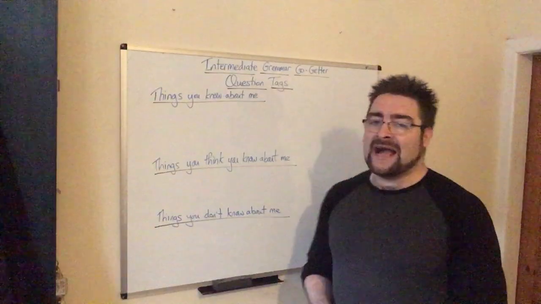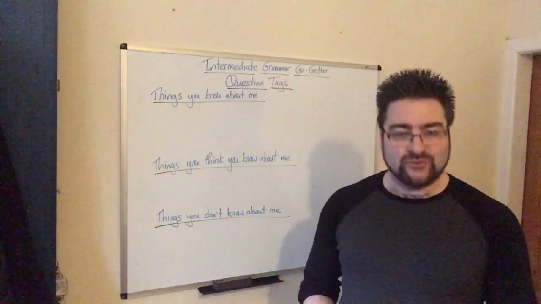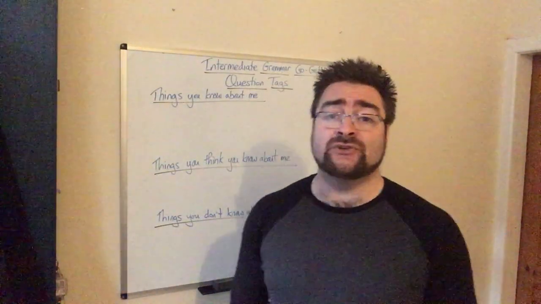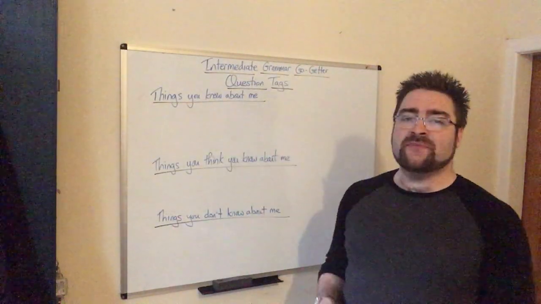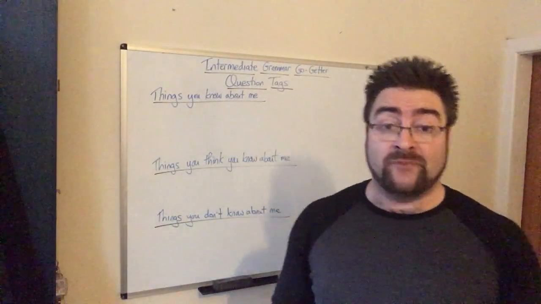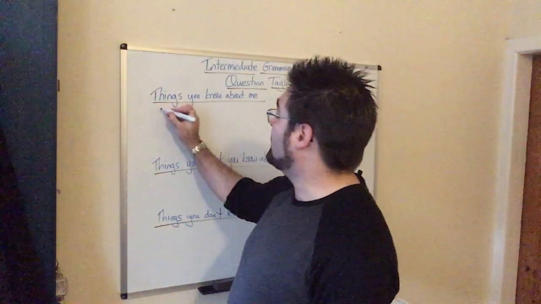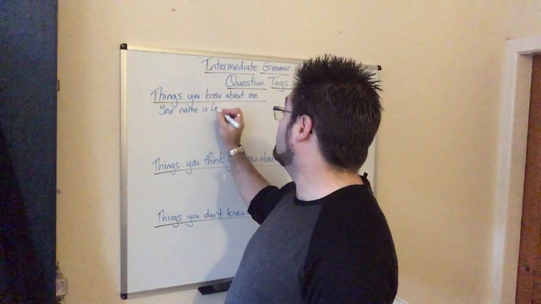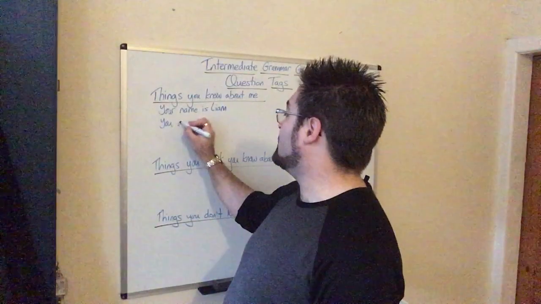Okay, but let's look at the different ways that we use them, and also let's look at how to use them. Alright, so what I usually do at this point is I say to my students, okay, ignore this for now, tell me some things you know about me, 100%. Okay, so they'll go with something like, your name is Liam, you are a teacher.